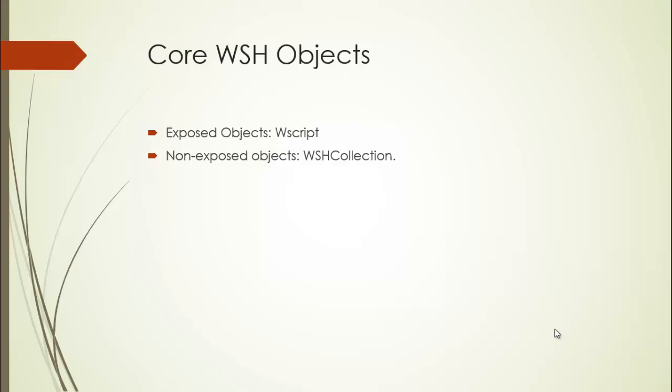Non-exposed objects such as the WSH collection are accessed through the methods or properties of other objects. We can't access them directly. The WScript object is the root object for all other exposed objects in the Windows Scripting Host. This is nowhere related to the scripting host wscript.exe discussed before. Only the names are the same. These non-exposed objects do the behind the scenes work.